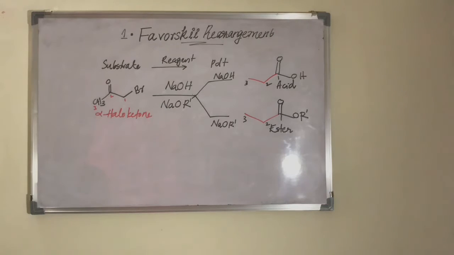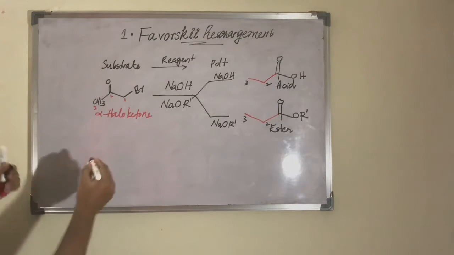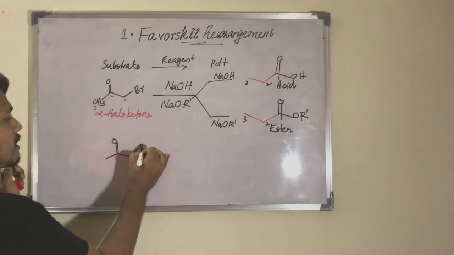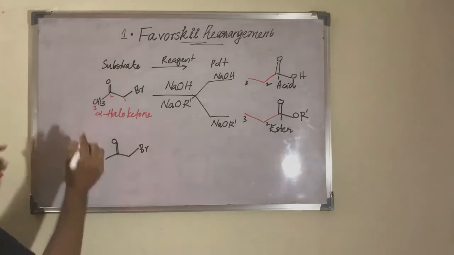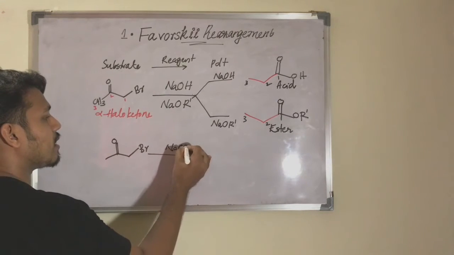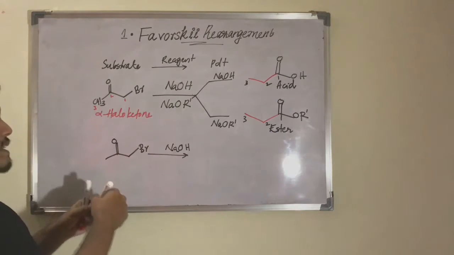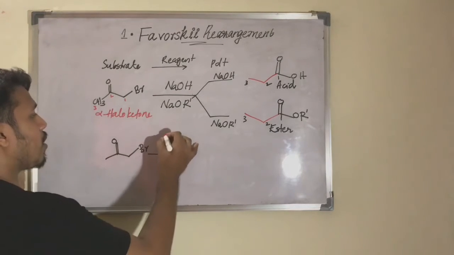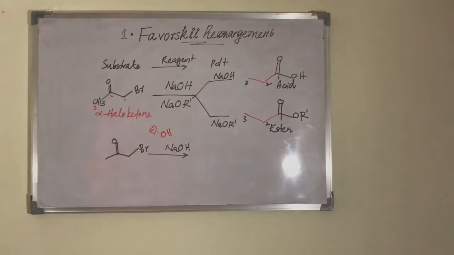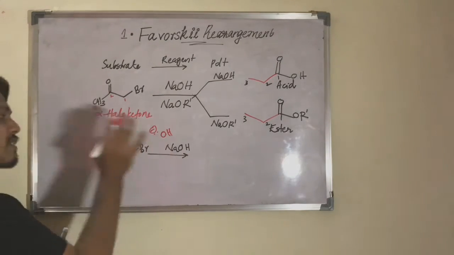Why is it called a rearrangement? I have the same starting material, right? When you treat it with NaOH, OH minus comes into the picture. As you know very well, this is a nucleophile.